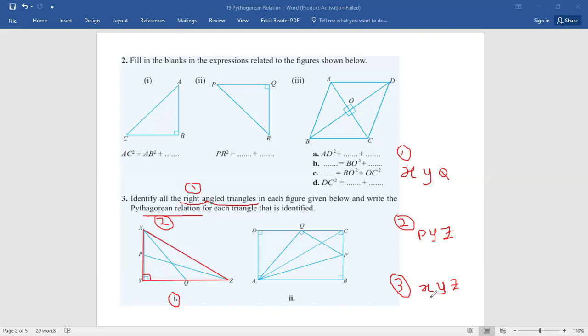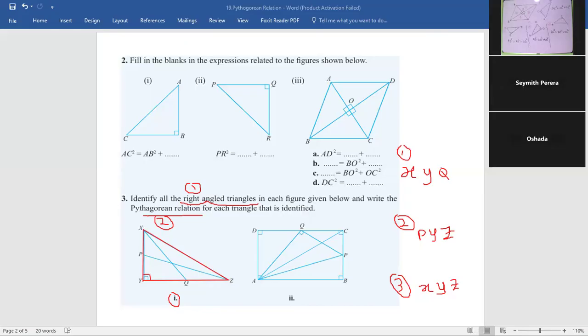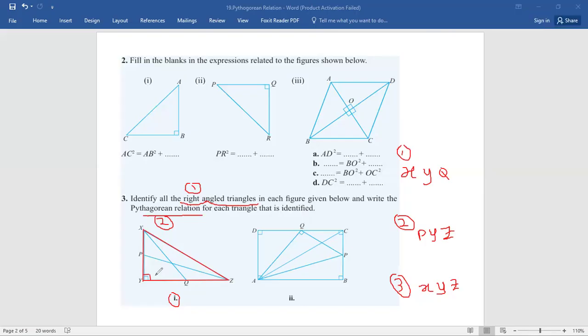You know how to apply. First you need to find the hypotenuse. What is the hypotenuse of this XYZ right angle triangle? XZ. Yes, XZ is the hypotenuse of the XYZ.